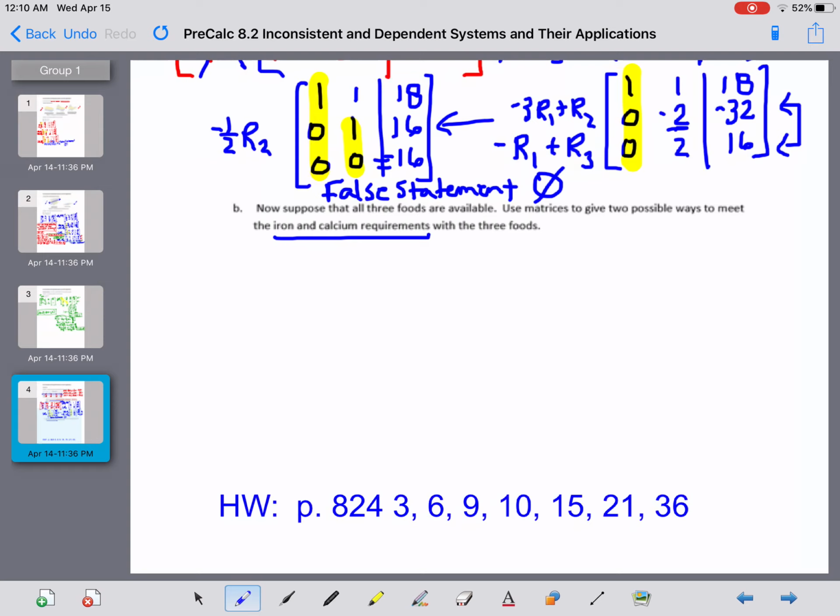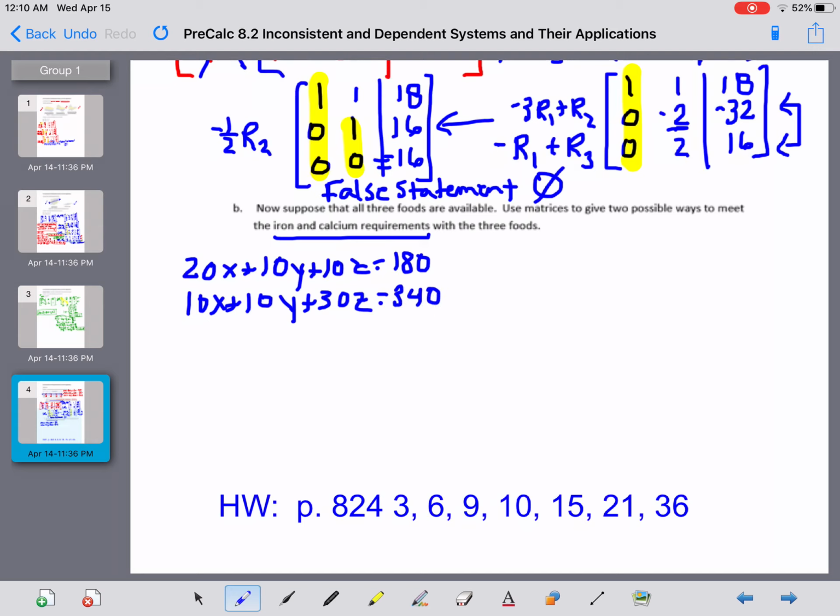I really only need to use the equation 10x plus 10z equals 180, and the 10x plus 10y plus 30z equals the 340. Those are really the only 2 I need, since I'm only worried about the iron and the calcium. So my vitamin A is not needed.